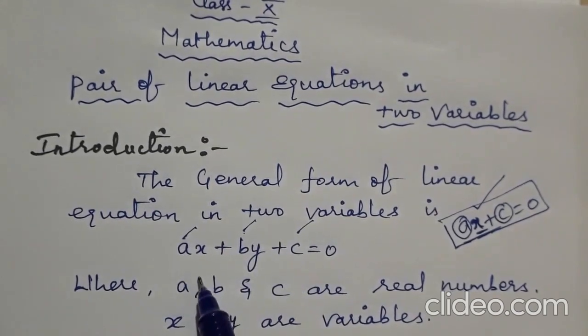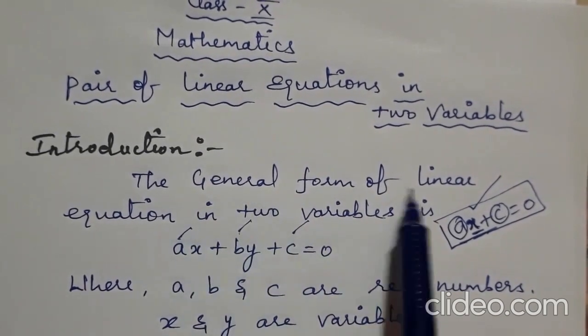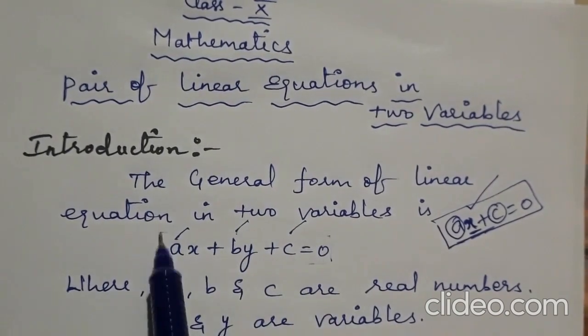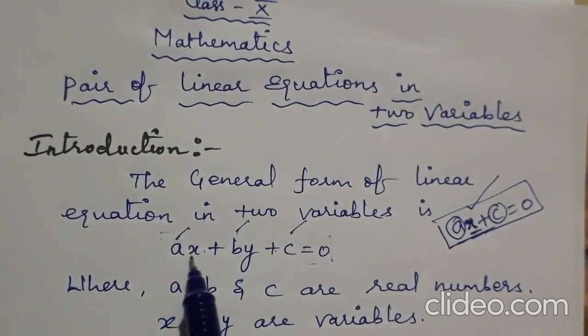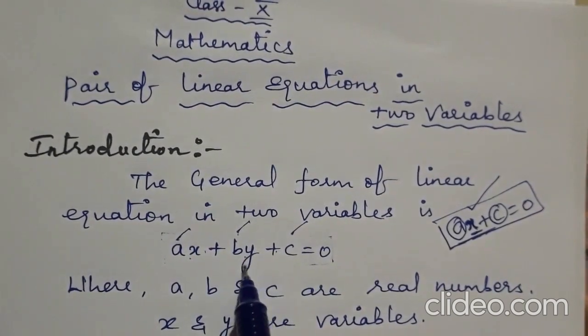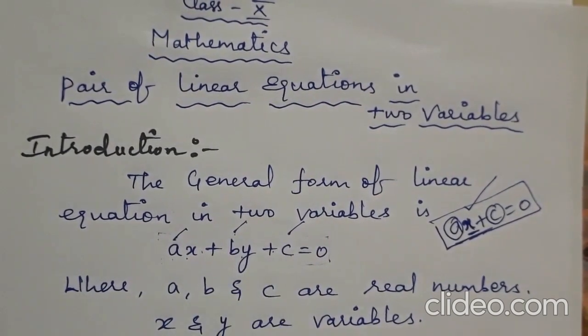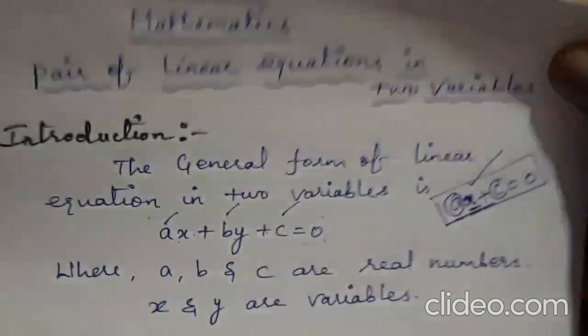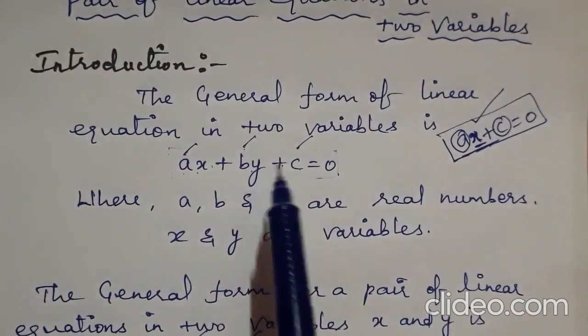So the general form of a linear equation in two variables means in this equation x and y are the variables and a, b, c are the real numbers.